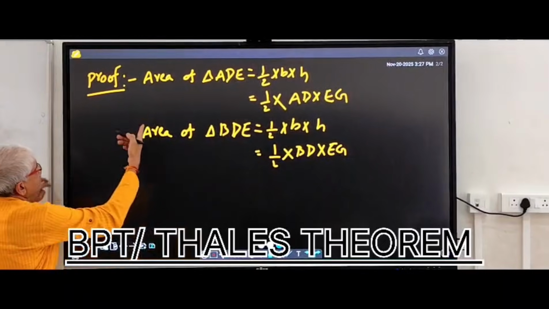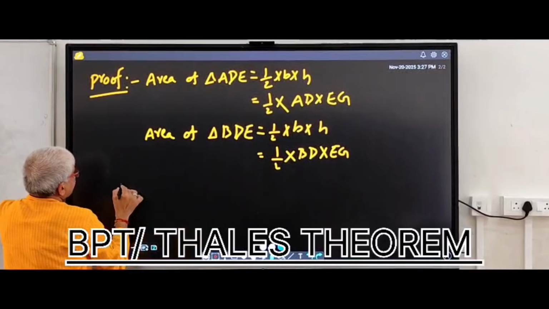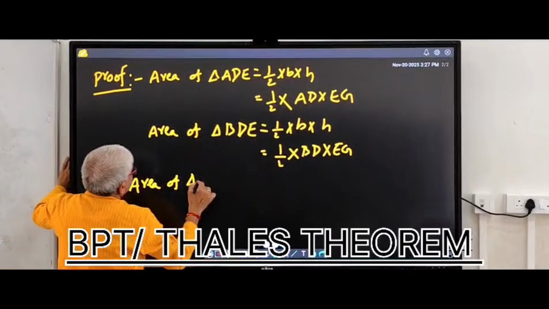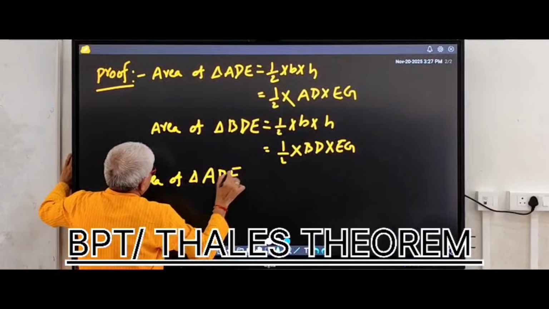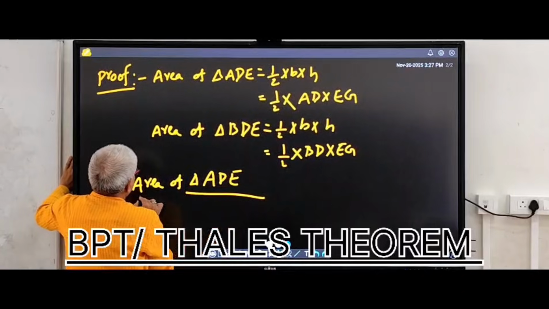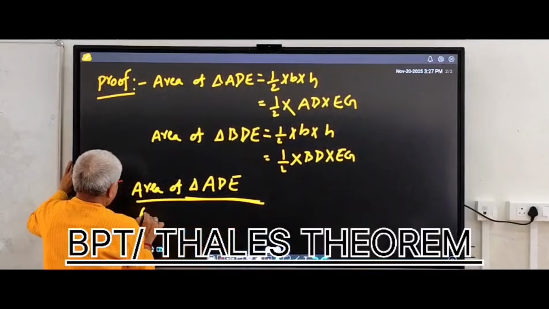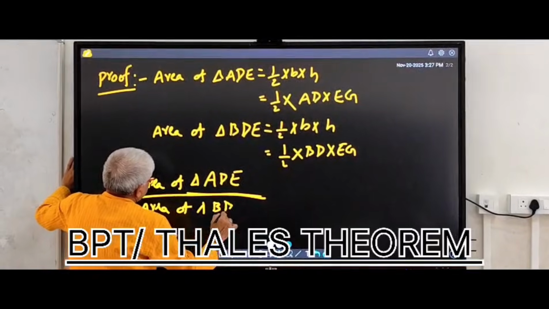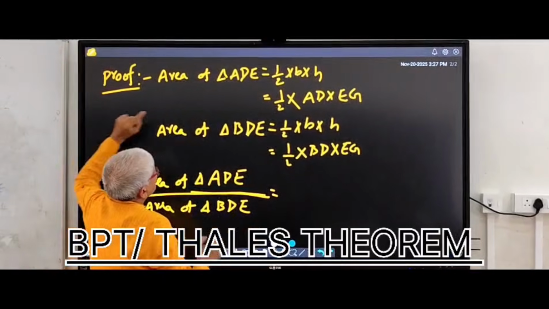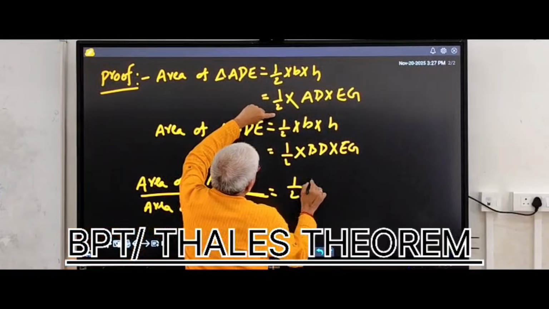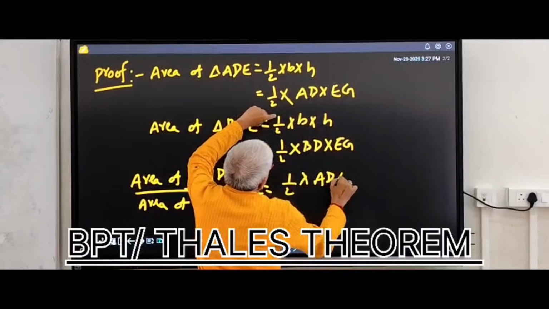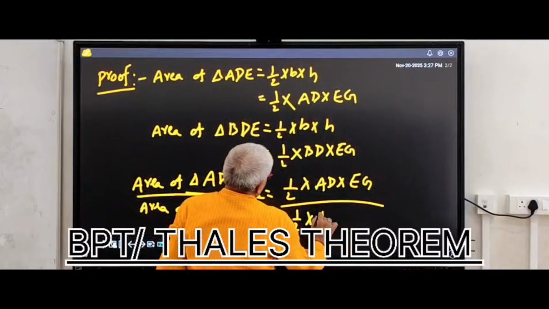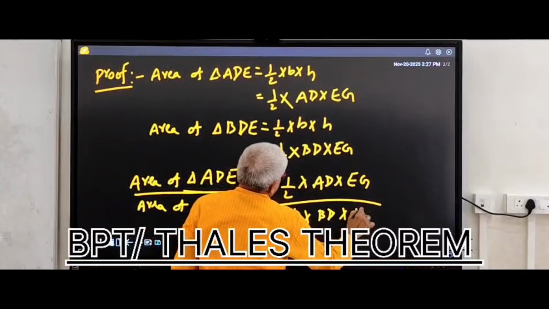Right. Now what I will do? I will try to find this ratio. Area of triangle ADE by area of triangle BDE is equal to, what is the value I got? Half into AD into EG by half into BD into EG.